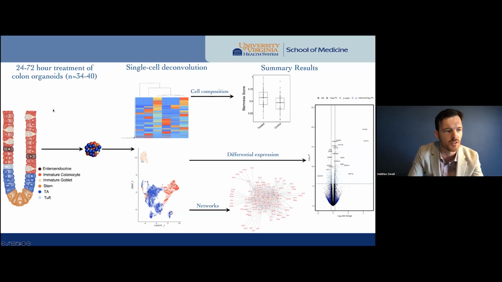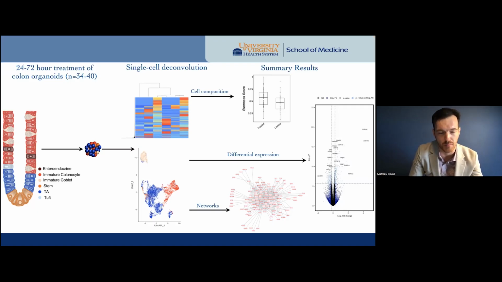We expose them to various different colorectal cancer risk factors that have been defined in the epidemiological literature for a period of about 24 to 72 hours. We perform bulk RNA sequencing on these, and because of the size of these studies, Ns of 34 to 40 lines, we're able to do some more complicated analyses.